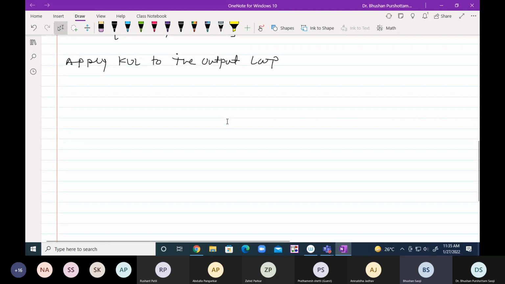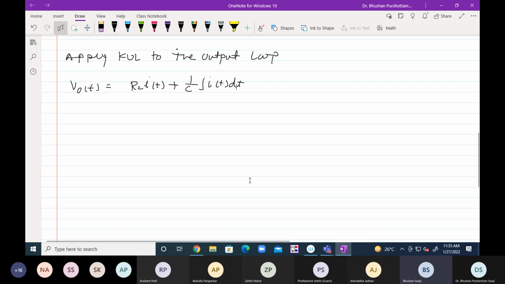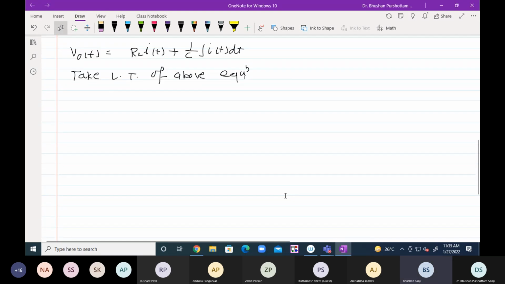So we have V0 of t equals R2 into I of t plus 1 by C integration of I of t into dt. That is the voltage across R2 and C. Now take the Laplace transform of the above equation.